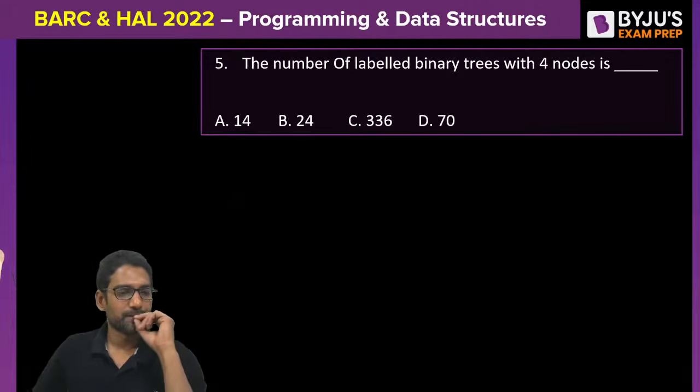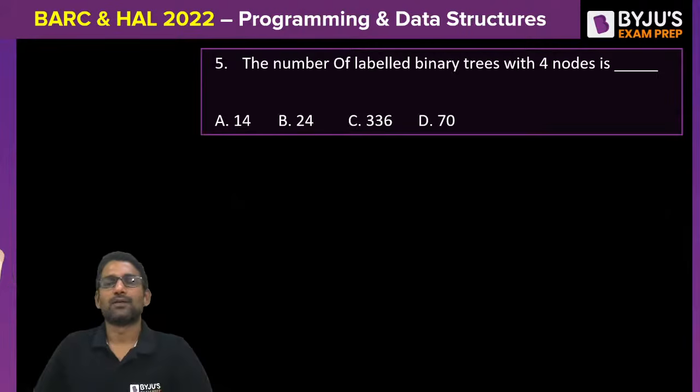So fifth question, I can see many people are giving option A. Anu is giving option C. Okay. So labeled binary trees.